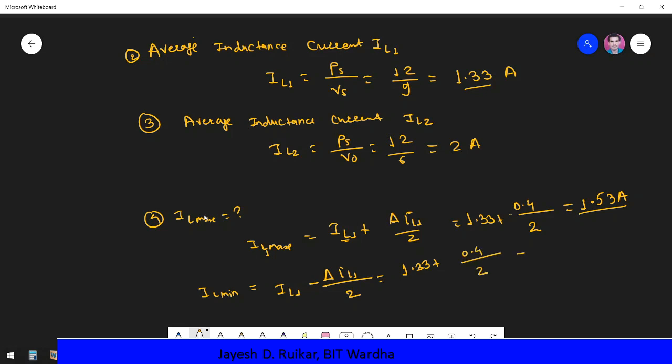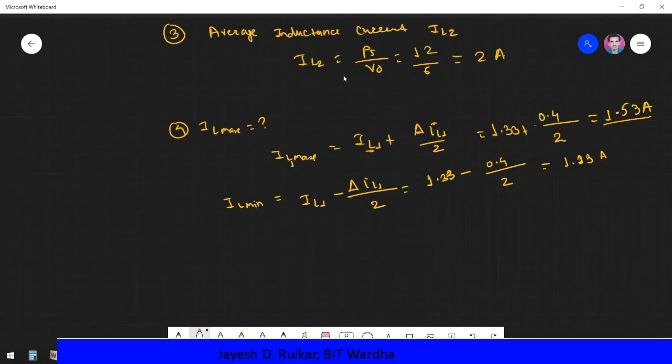So 0.2 plus 1.33, sorry, I have made a mistake. It is 1.33 minus 0.2, so its value is 1.13 ampere.